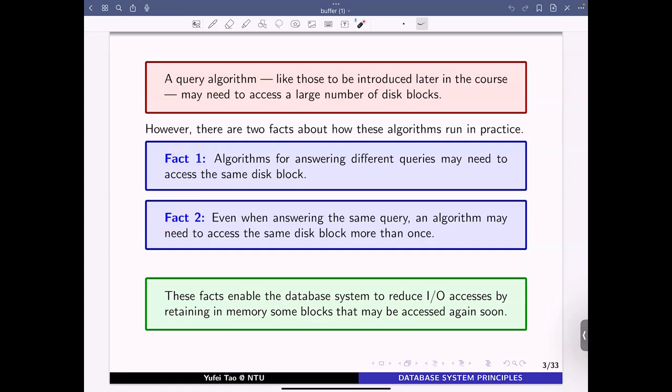Well, these two facts are useful because they tell you that if you are smart, perhaps you can avoid some of the disk accesses. Think about a very simple idea of buffering. Say you issue a query, I issue a query, and you have to read a certain block, let's say with address number one, and I will also have to go there.